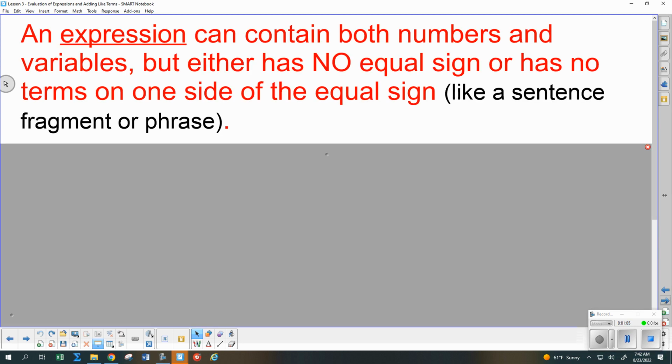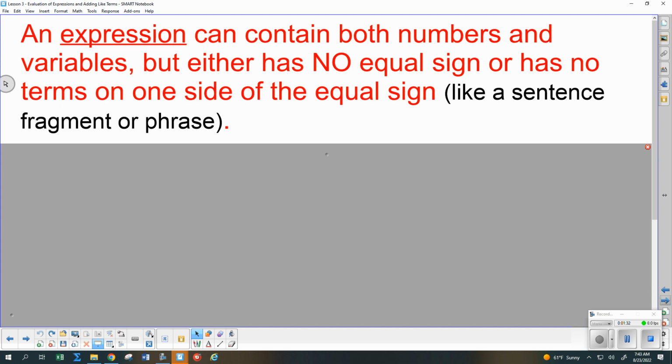Expressions can have just numbers that we simplify. 2 times 3, well, we could simplify that and say 6. Or it could have just letters, and maybe we can put them together, maybe we can't, depending on whether they're what we call like terms. Maybe it has numbers and letters, just one side, either with or without an equal sign right after that.